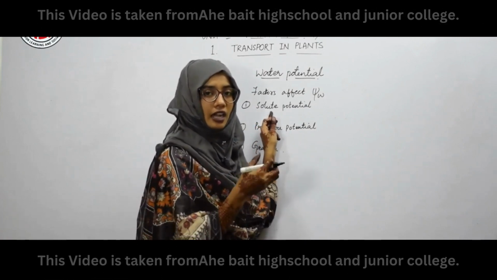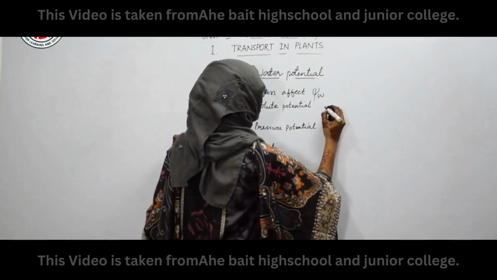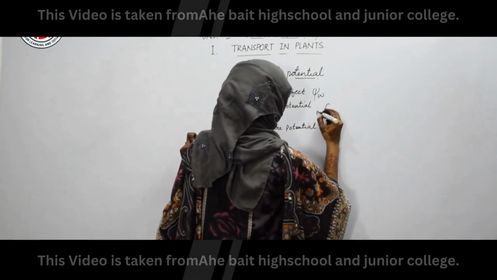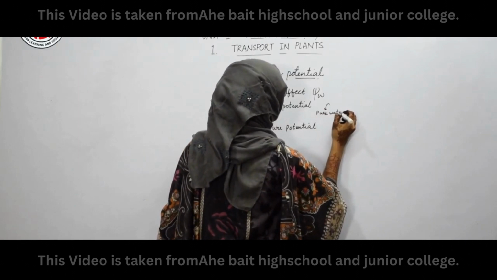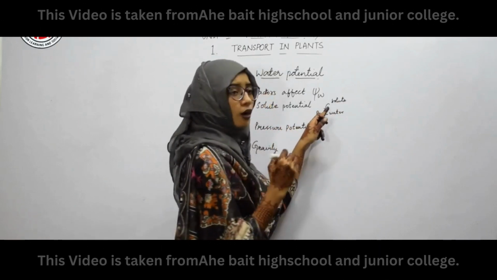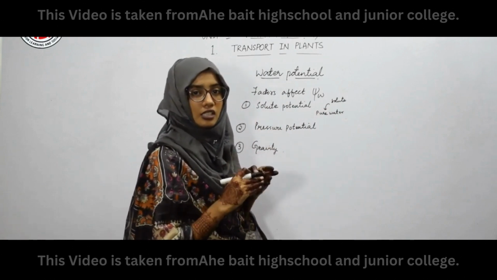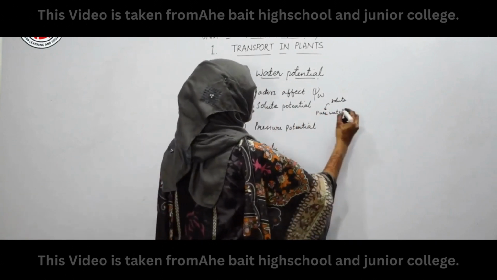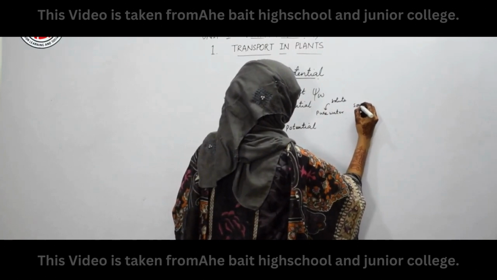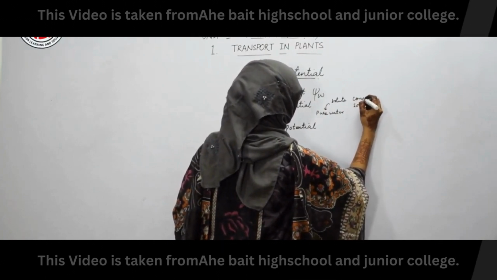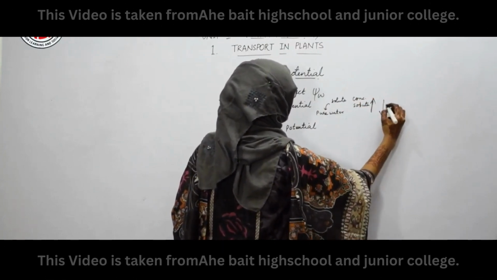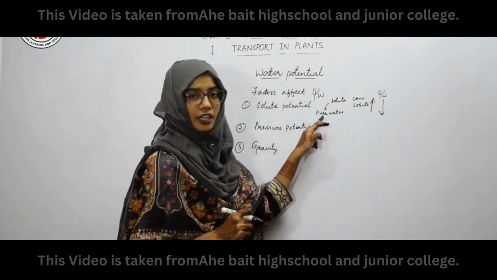But when we add some solute particles to pure water, it becomes a solution, and due to the concentration of the solute, the water potential decreases. Therefore, if the concentration of the solute increases, the water potential decreases. So it shows a negative effect.